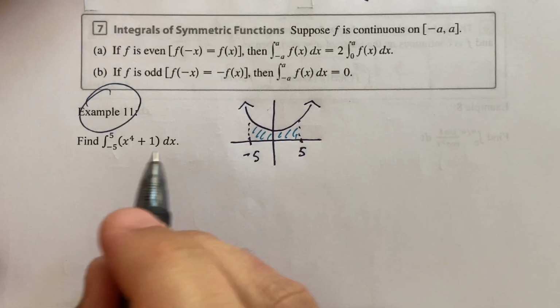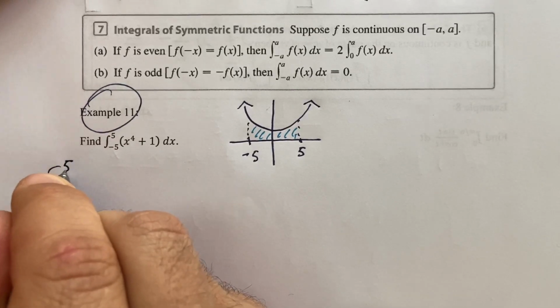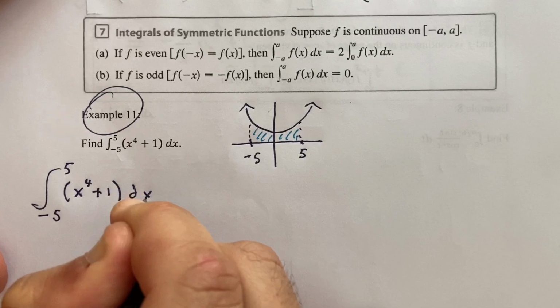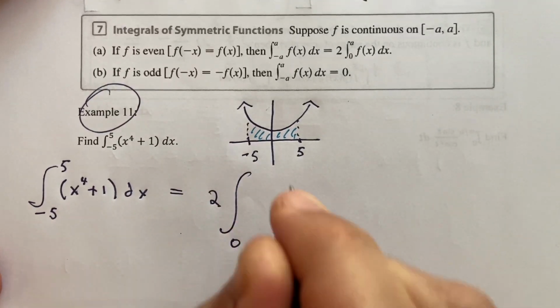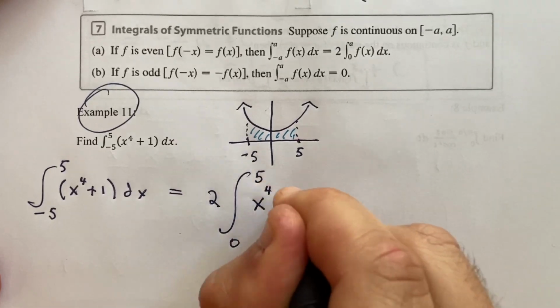And because of that reason, I can change this integral. I can rethink it as twice going from just 0 to 5, x to the 4th plus 1 dx.